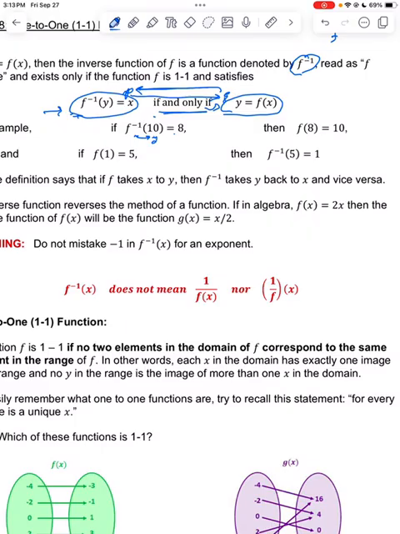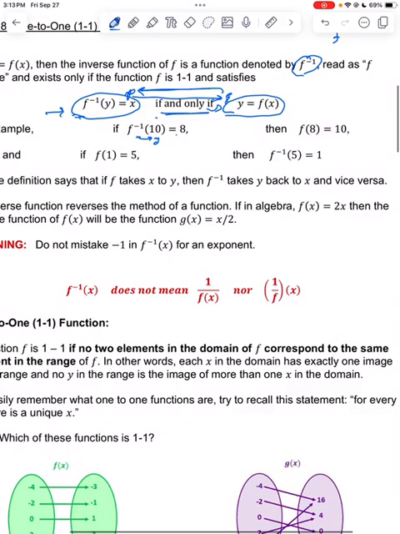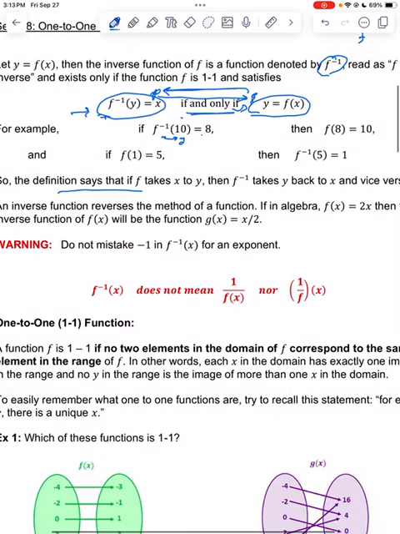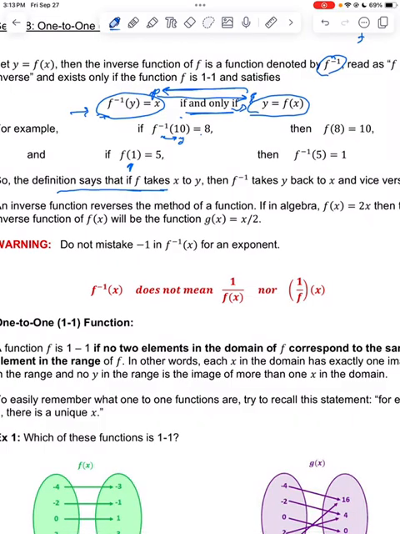Okay, so if you notice here, the definition said that if f takes x to y, then f inverse takes y back to x, and vice versa. If we start with f inverse, whatever the input, it will give us back the input that we had. So for example, here f of 1 is 5, then f inverse of 5 is 1.